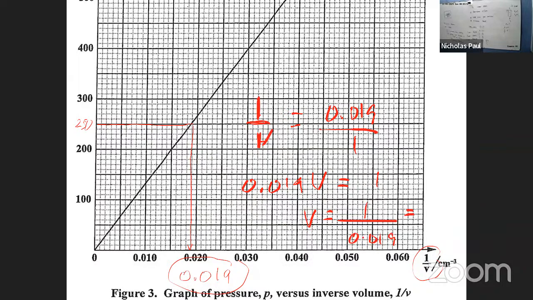How much is that? 52.6. So the answer is 52.6 cm3. It's important to read off the scales so you know what the axis is giving you. If the graph was P versus V, then just read the value off.